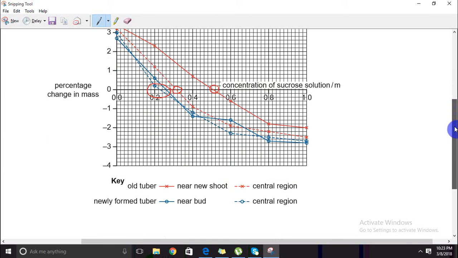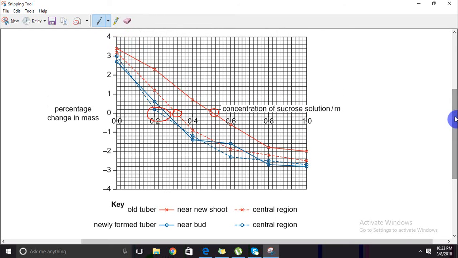So when we're talking about the old tuber near the shoot, when we place it in distilled water, it has the highest change in mass, which implies that the most amount of water has entered it, and this actually further supports the first hypothesis that it was at the lowest water potential, and that is why indeed more water should have entered it.